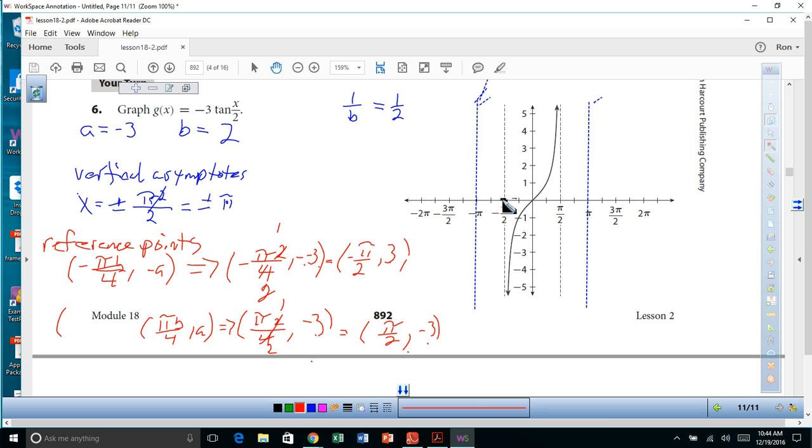So negative pi over 2, negative 3, that's going to be right there, 0, 0, and negative 3 here. And then see how it stretched up that curve? All right, good.